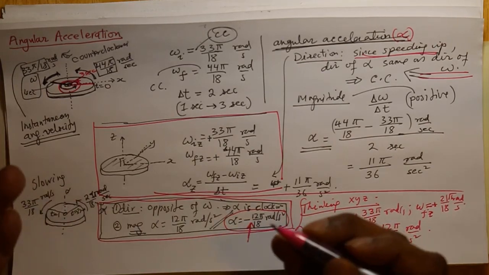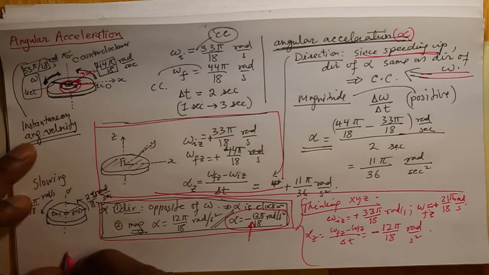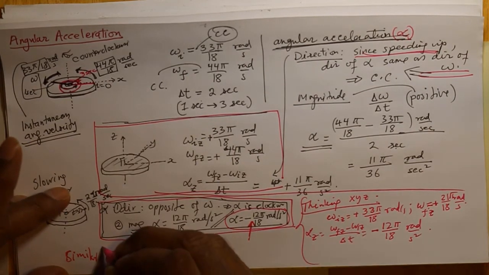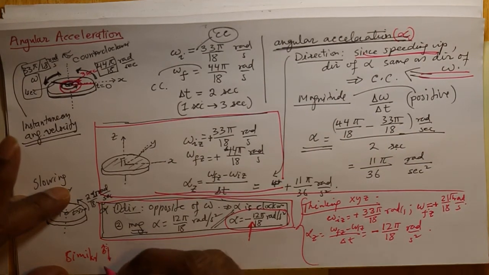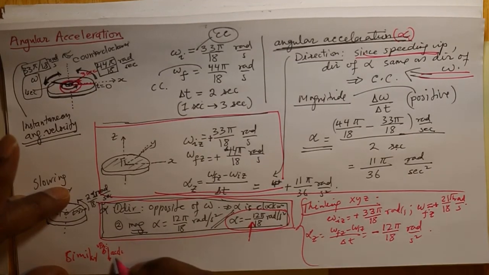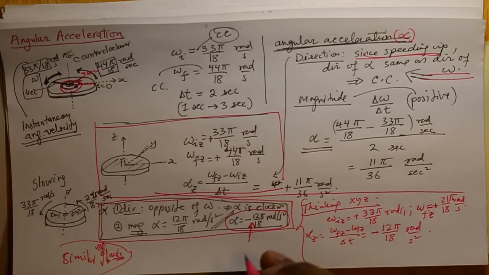It's similar to if a ball is going up and slowing down, then the acceleration is pointed down, and this was negative if the upward direction was positive. So it's a similar situation.